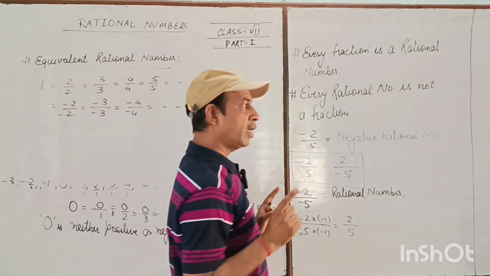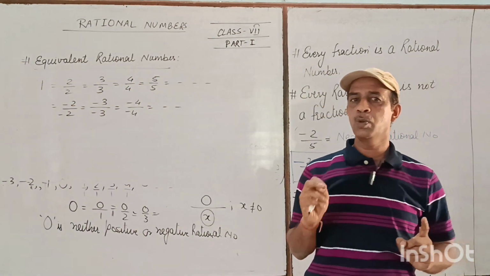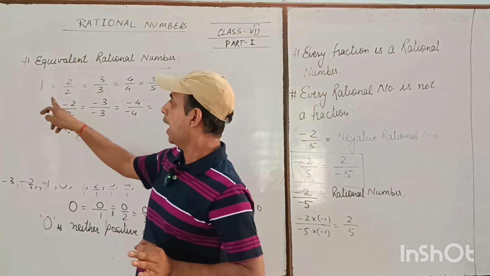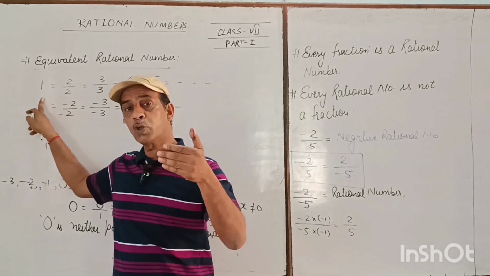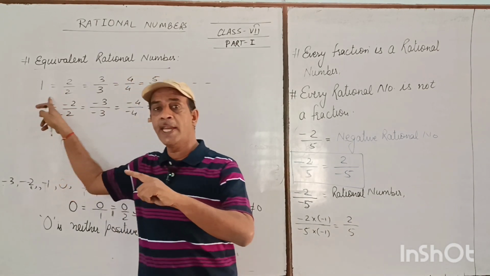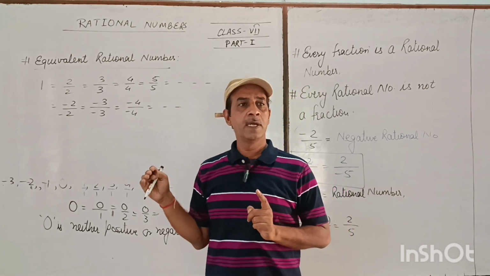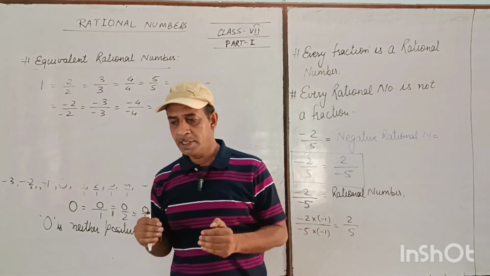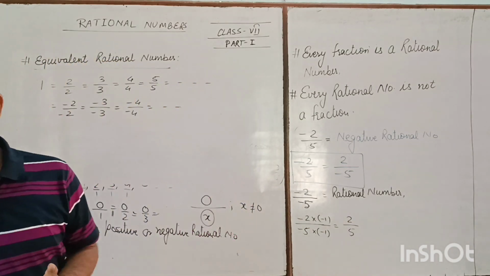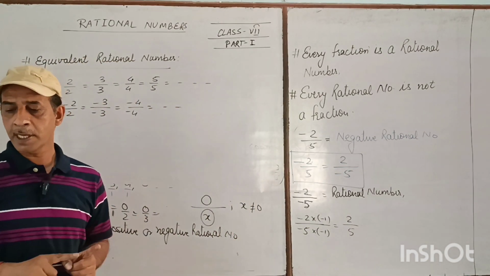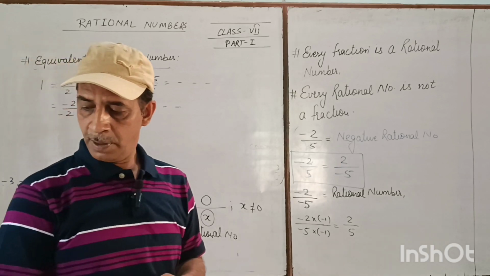That means what can you conclude? We can show 1 by infinite rational numbers, keeping its numerator and denominator the same. Fine?